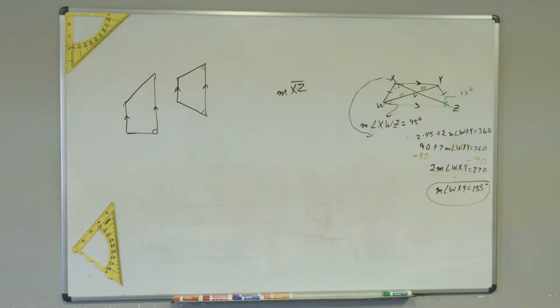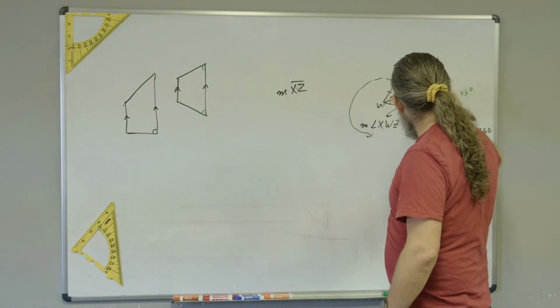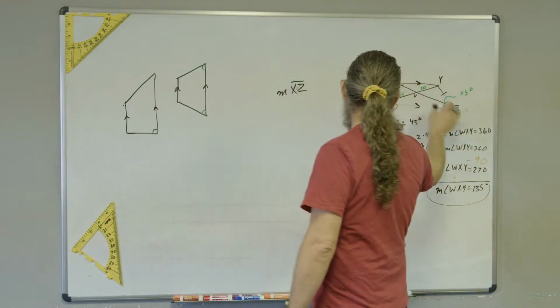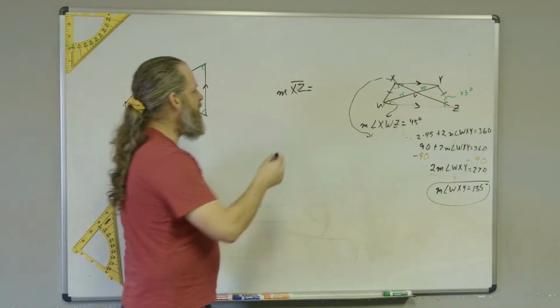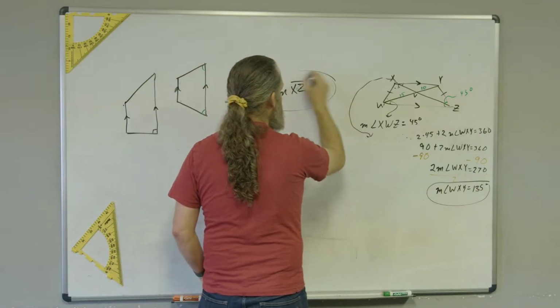What do we know about diagonals of isosceles trapezoids? They're what? True enough, their diagonals are congruent. So if this one is 10 plus 15, then this one is 10 plus 15. So what does it equal? 25.